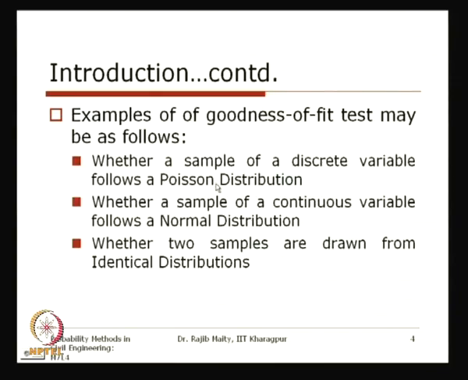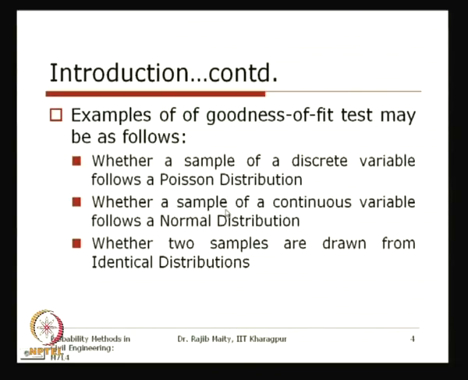I know that this random variable is discrete, so I hypothesize whether that sample can follow a particular discrete distribution that we know already, and those distributions we have discussed in our earlier lectures, in earlier modules. So I have a sample, and the question is whether it follows a Poisson distribution or not.